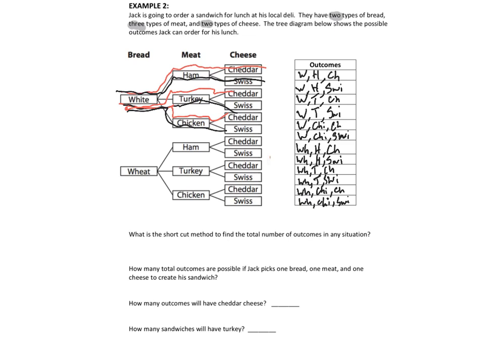So what is the shortcut method to find the total number of outcomes in any situation? And that is to count the last column of branches.